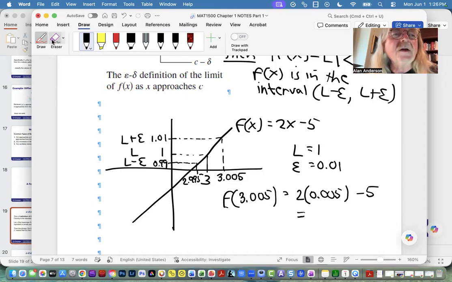Oh, I'm sorry, what did I do? No, it's not 3.005, it's 3. Well, what do you know? It's 1.01.